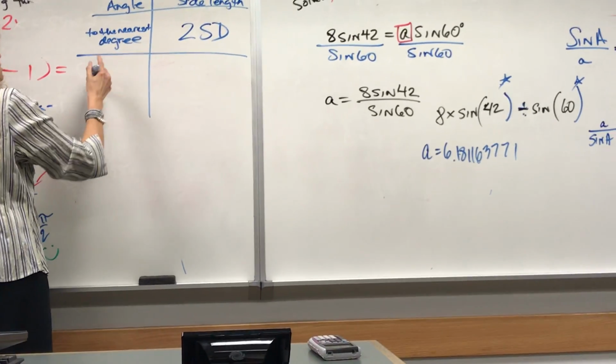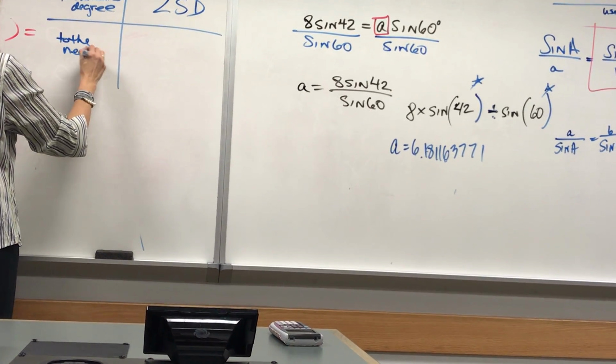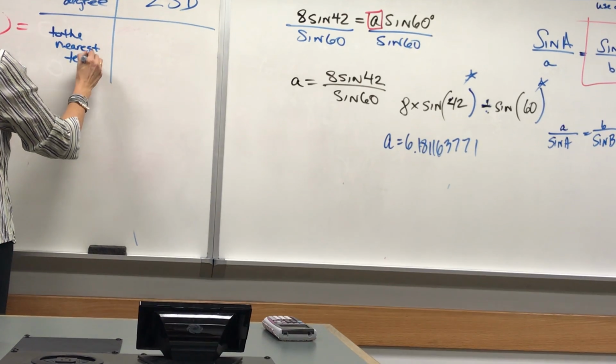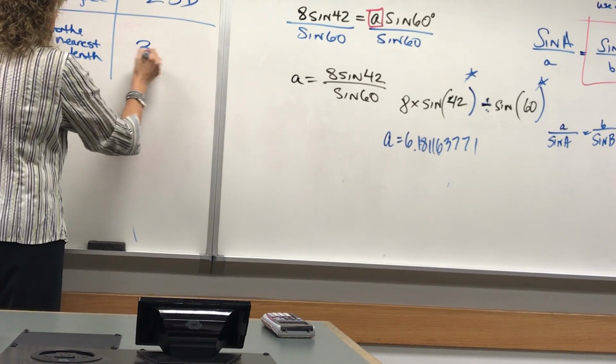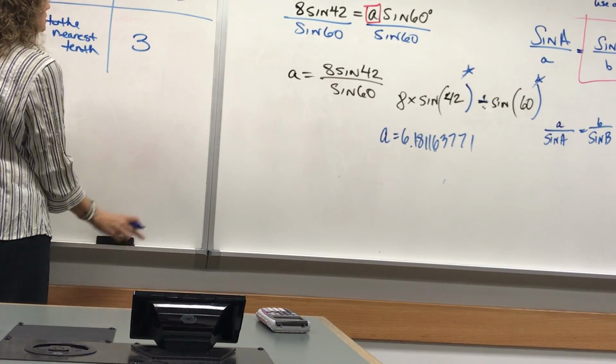If your angle is to the nearest tenth, then you're going to give your side lengths to 3 significant digits.